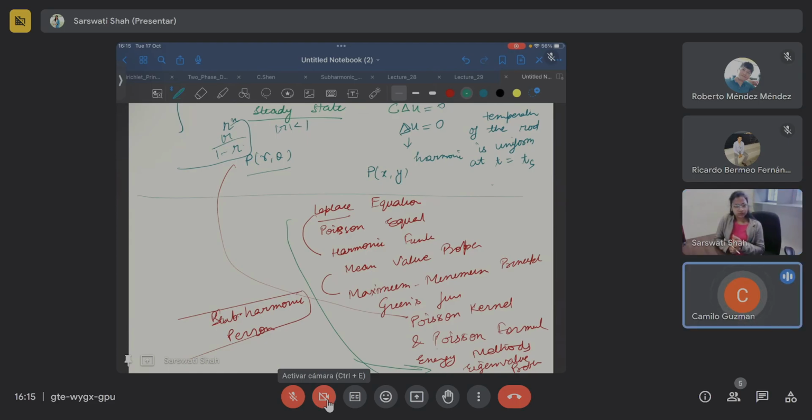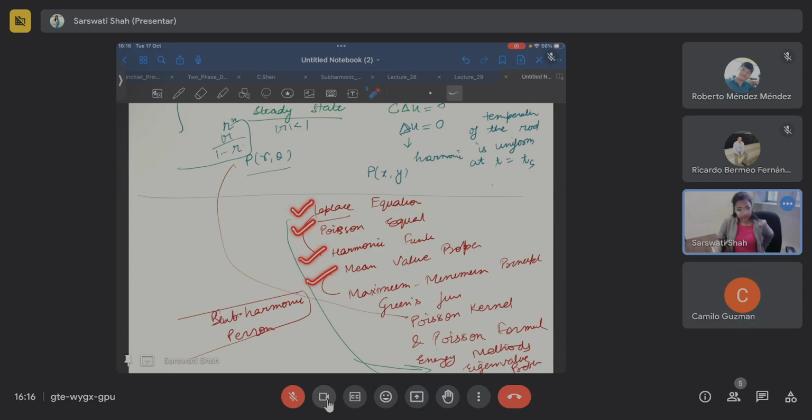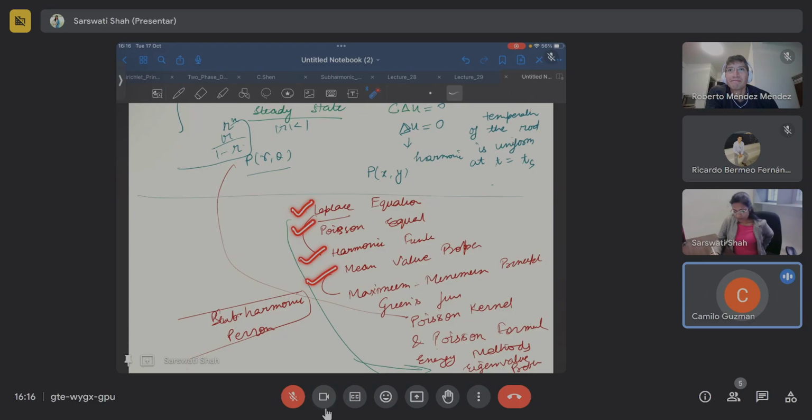Some topics are clear for me at this moment, I think. Yeah, so which topic is not very clear? Like we can revise it. Would you please point out? Laplace is clear, derivation of Laplace and harmonic function. Yeah, mean value property, I need to study that.